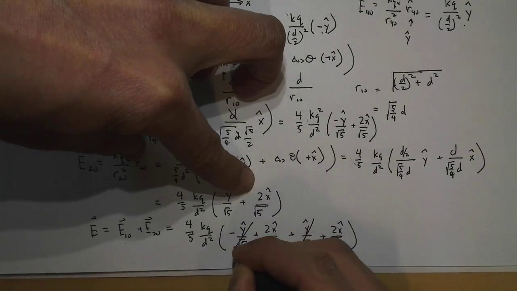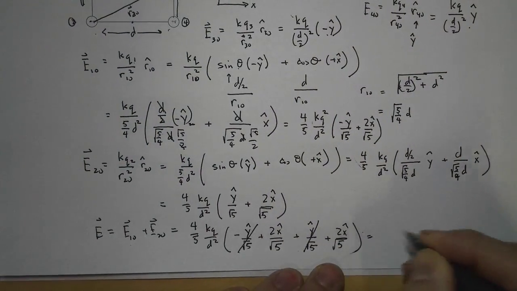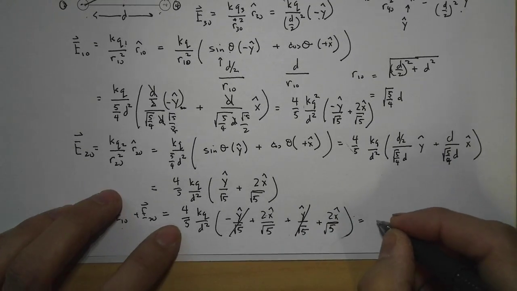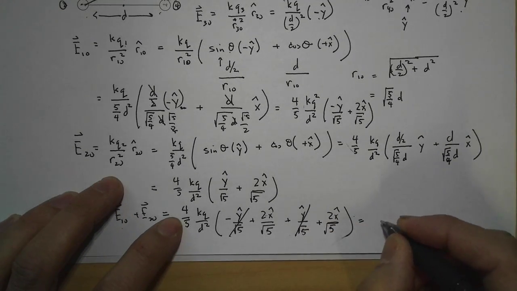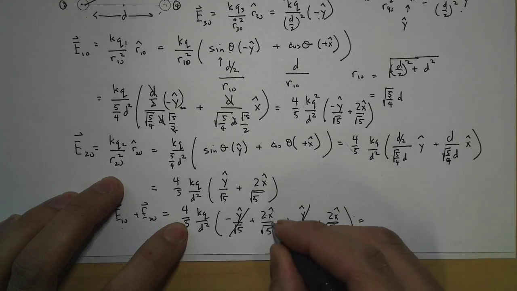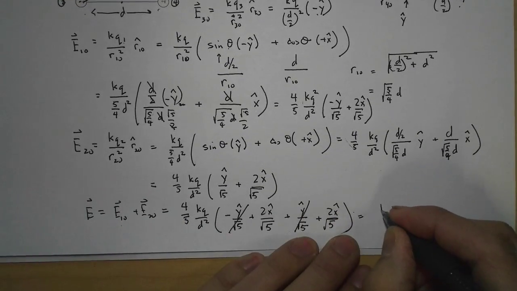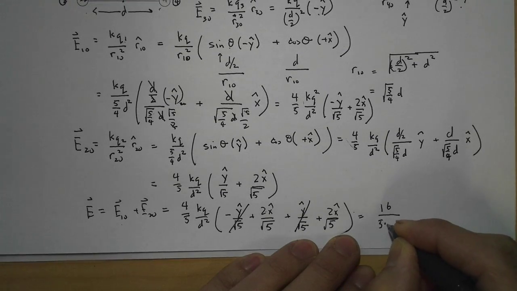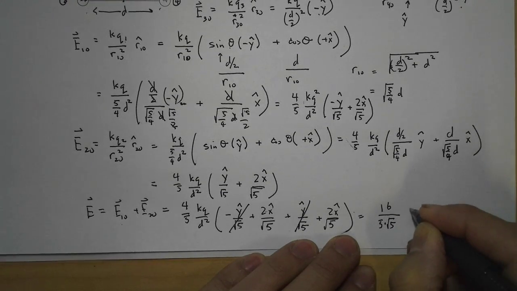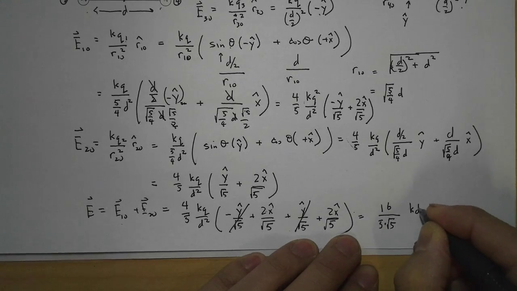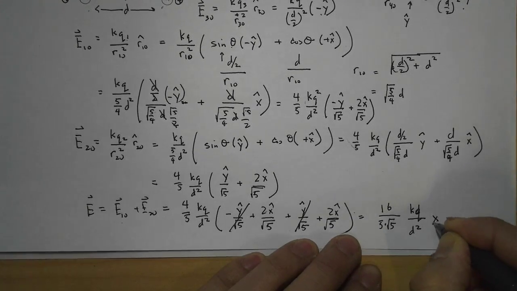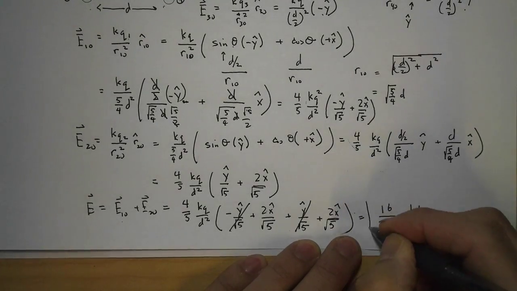You notice that the y components will cancel each other out, and you're left with this. These two mean the same as each other. So if you put it together, it's 4 times 4 is 16, so 16 over 5 times the square root of 5, kq over d squared, in the x hat direction.